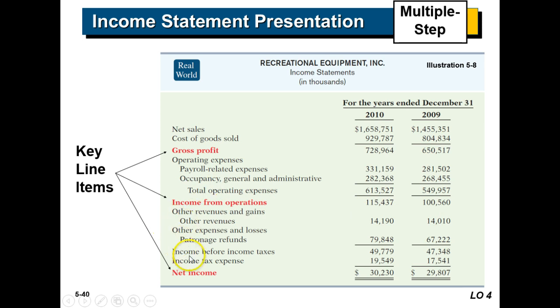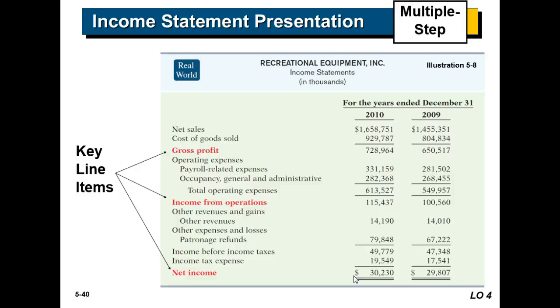Then you've got these other types of revenues and losses that bring you down to your net income. But the focus on the multiple step income statement is it provides you with gross profit, income from operations, and then net income, okay?